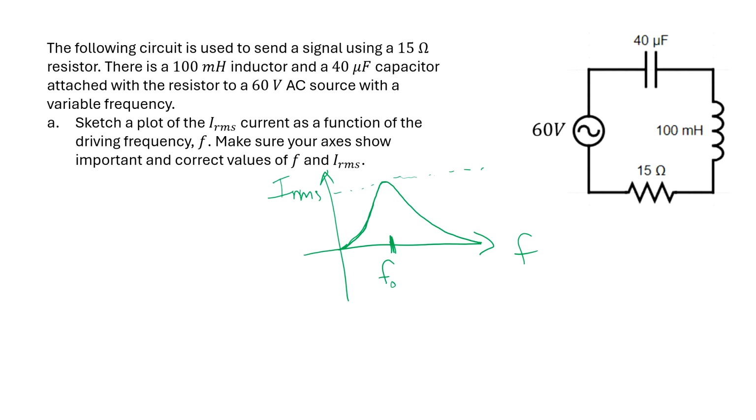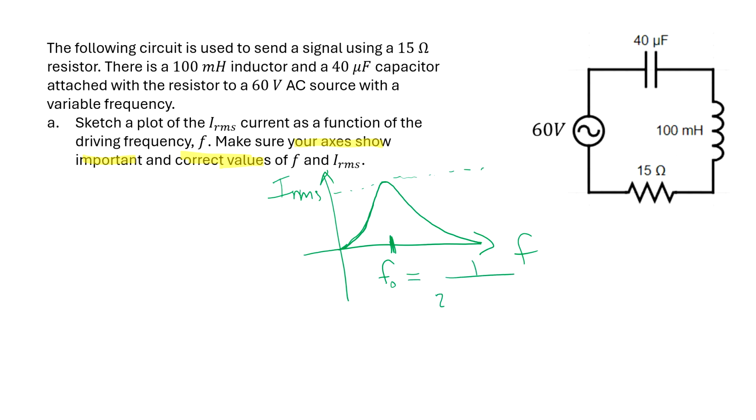So this second part of the question asks me to make sure my axes show the important and correct values. That means that I want to see not just that I've written F naught and maybe IRMS max or something, but I want to see the actual number that goes in here. So compute F naught, and we have an equation for that.